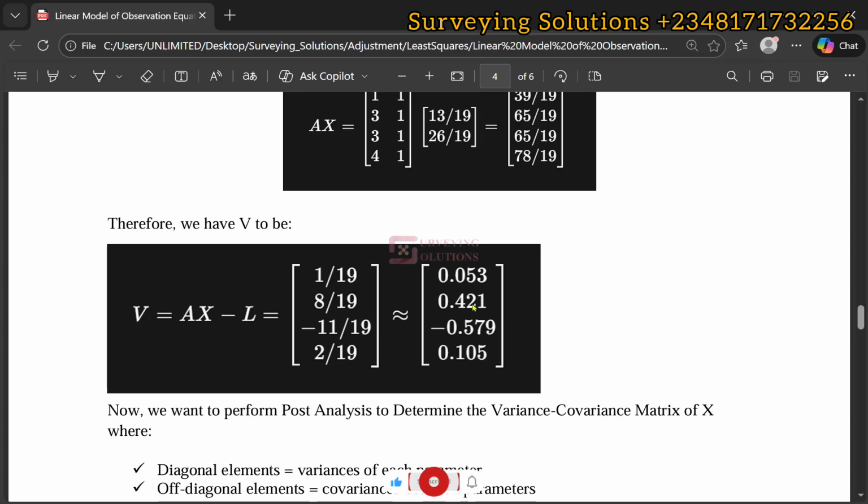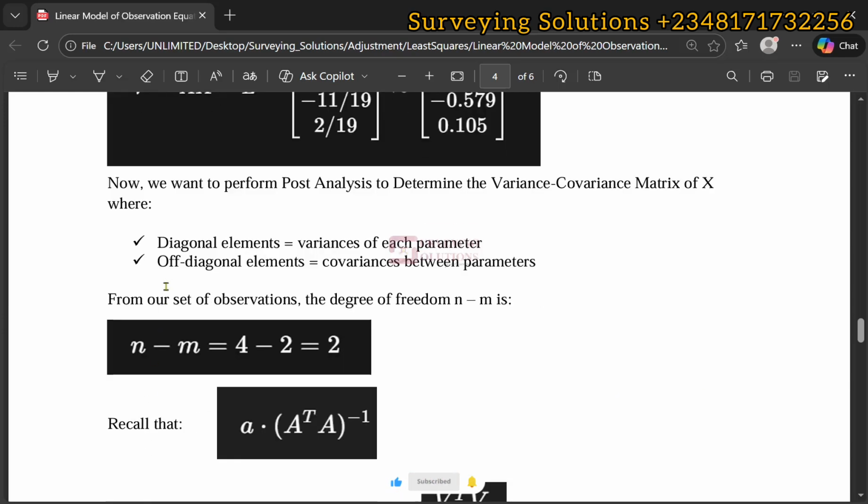Good. So this is a column matrix, right? Good. So we have 1, 2, 3, 4, which are 4 rows, and then 1 column, right? Good. Now we are going to perform the post analysis to determine the variance covariance matrix of X, where the diagonal elements are the variances of each parameter, and then the off-diagonal elements are the covariances between the parameters, right? Good.